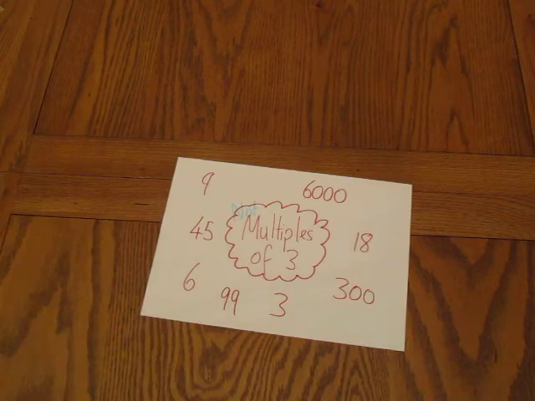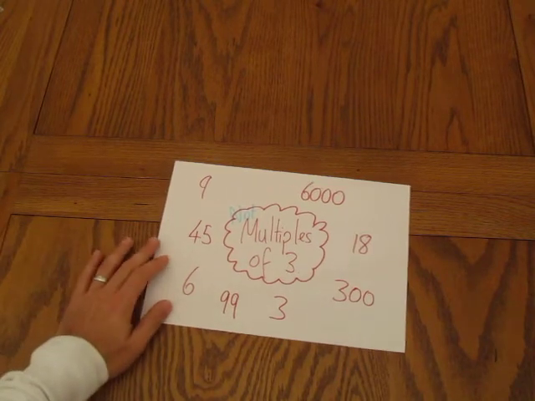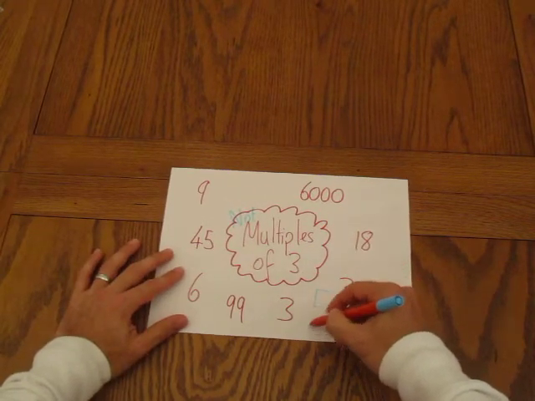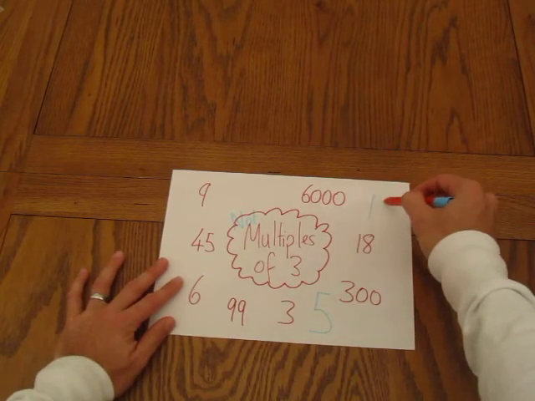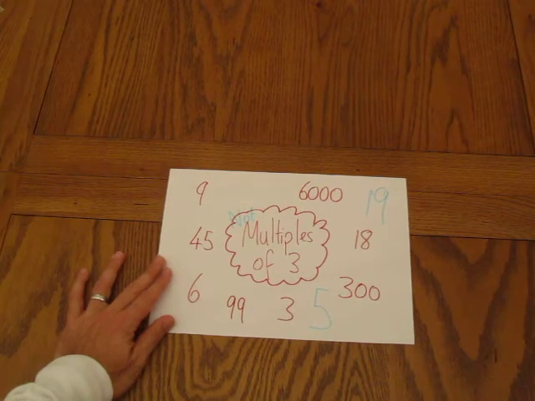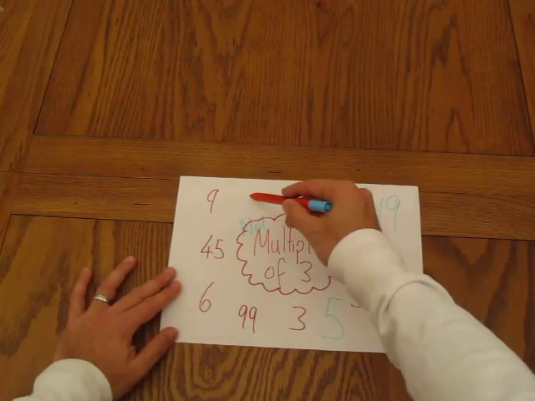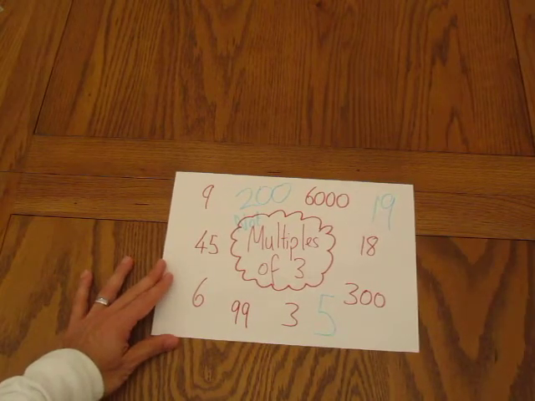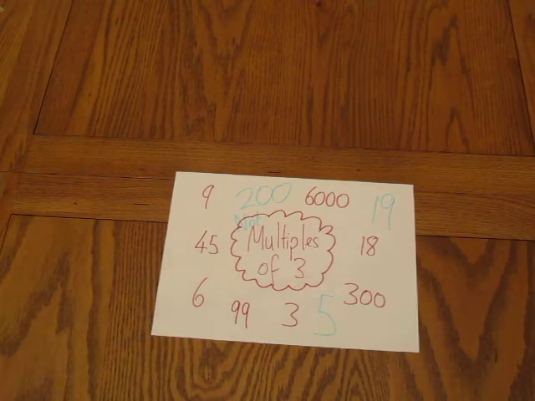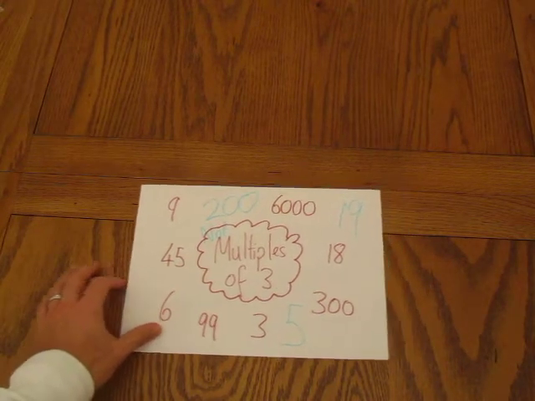Such as 5 is not a multiple of 3. 19 is not a multiple of 3. 200 is not a multiple of 3. Okay, that helps you maybe understand the difference between multiples and not multiples of a particular number.